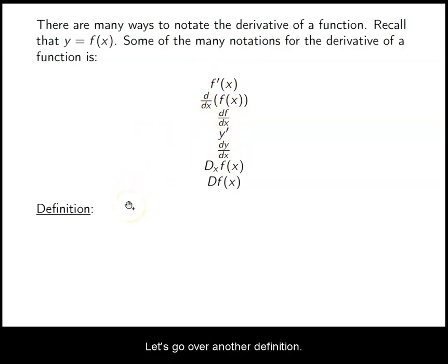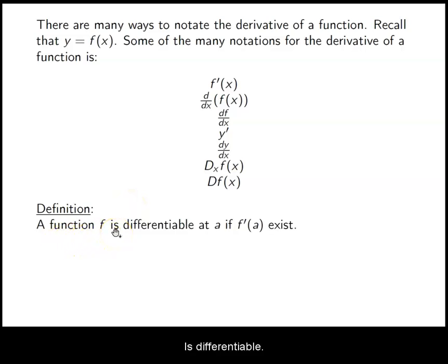So let's go over another definition. A function f is differentiable at a if the derivative of f at a exists. Well, yeah, it should be differentiable if it exists there. Remember that the derivative is a limit. The way that we formulated this idea, even the way I'm asking you to calculate these at this point, is to find a limit.